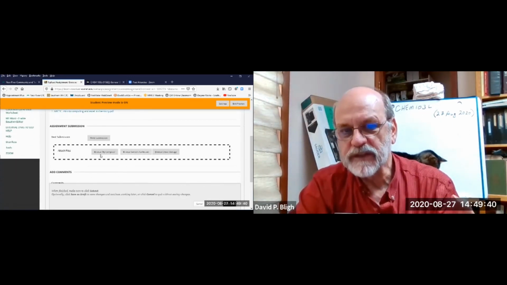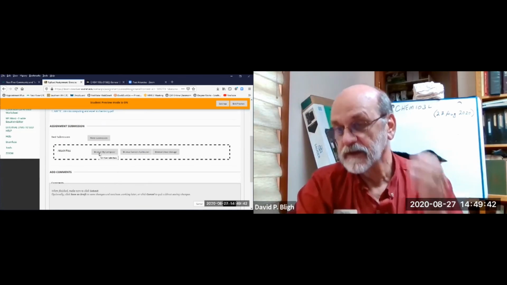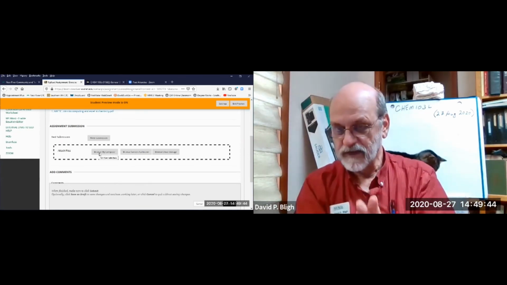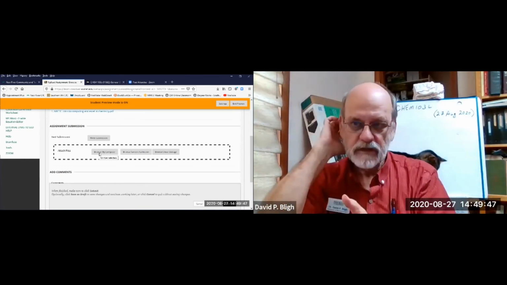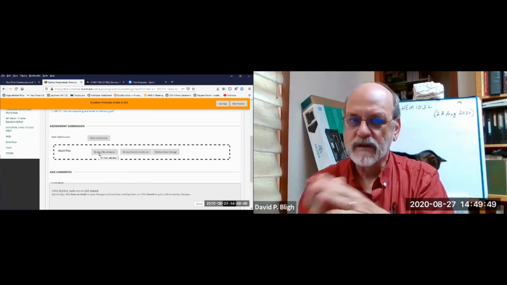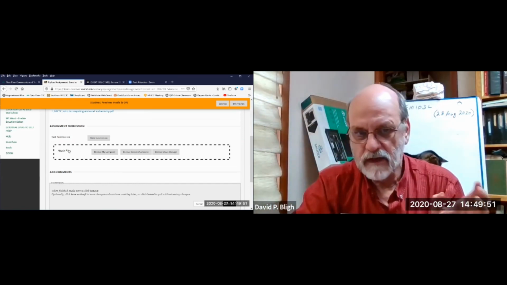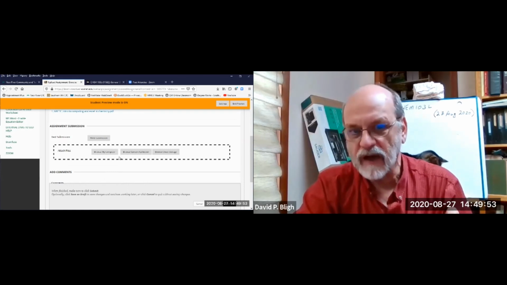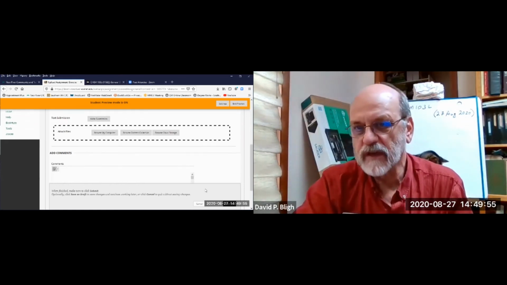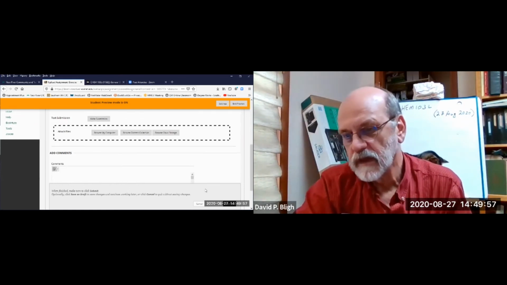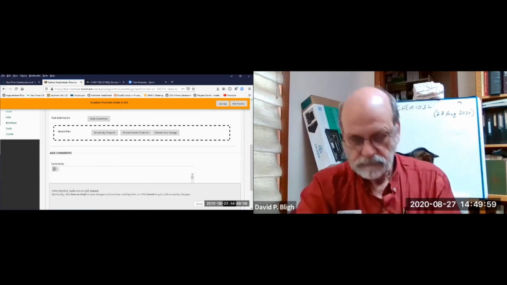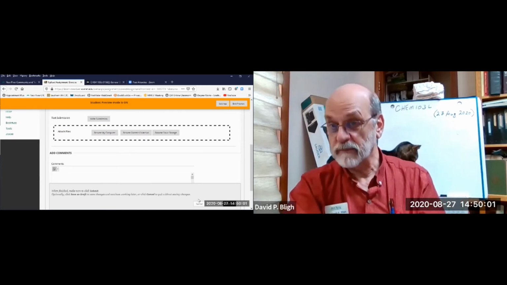Then you have the ability to attach files. So when you complete the report, you can attach your completed file by way of this little dotted box, then go down here and click submit. And it'll show up in my gradebook.